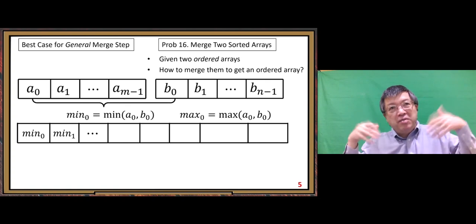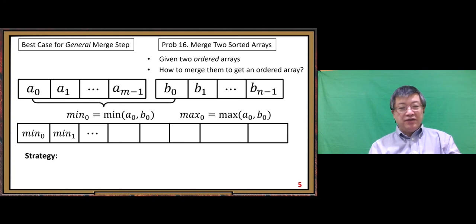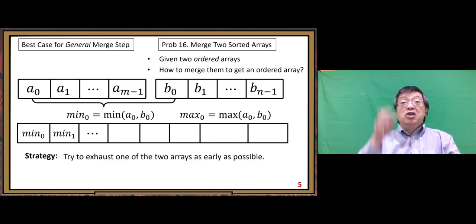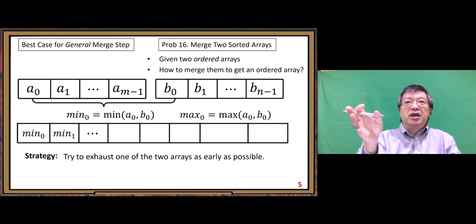So using your imagination to get the best case. So this time, what is the strategy? The strategy is try to exhaust one of the two arrays as early as possible.